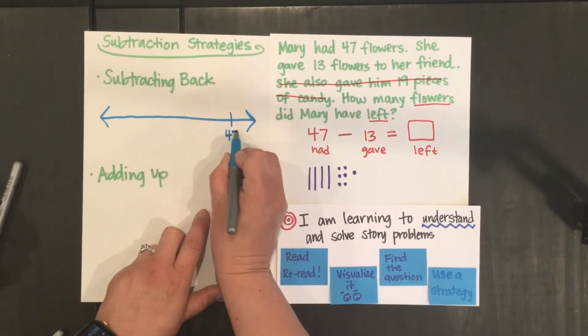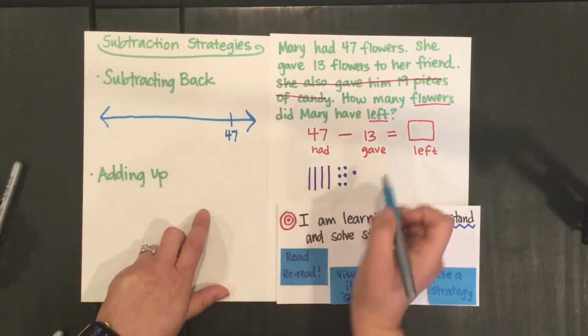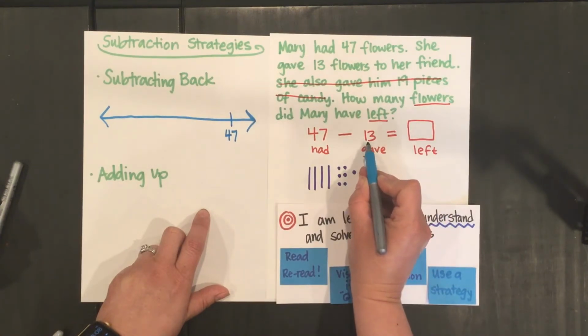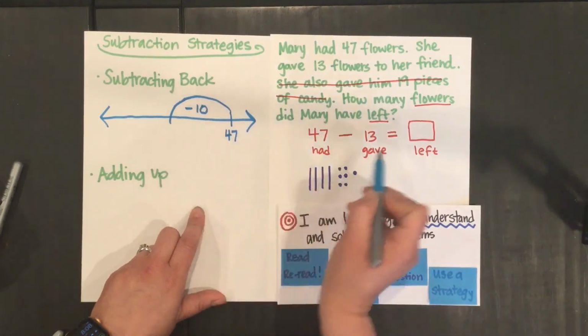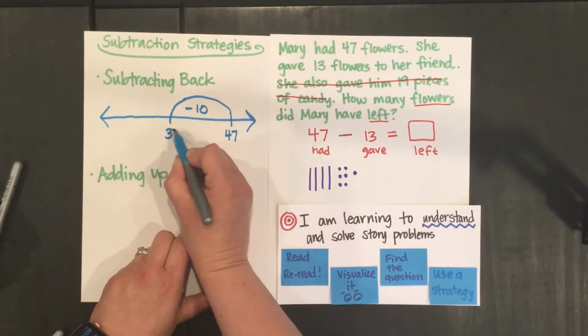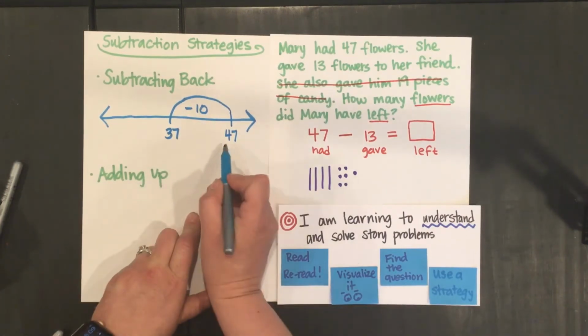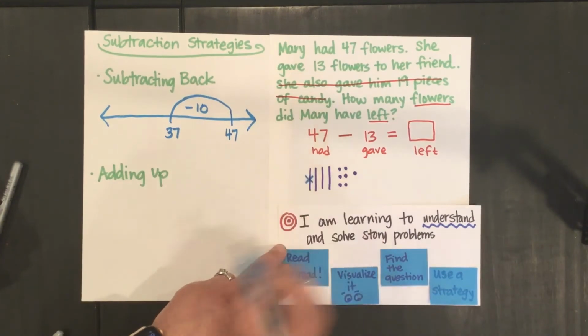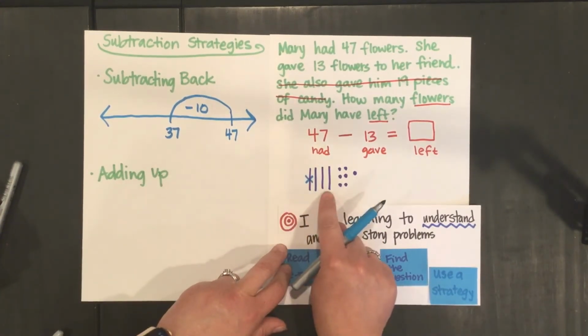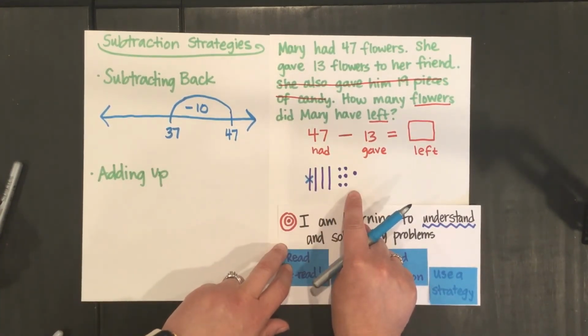I'm still going to start with the total, which is 47, and then I'm going to take away the amount she gave to her friend in parts. First, I'm going to take away the 10, and that will land on 37. You can see that this had 4 tens, and then I'm going to take one of those 10s away, and I'm left with 3 tens and still have the 7 ones.